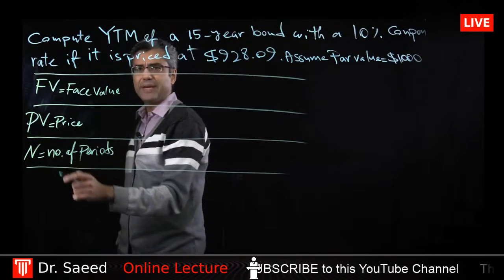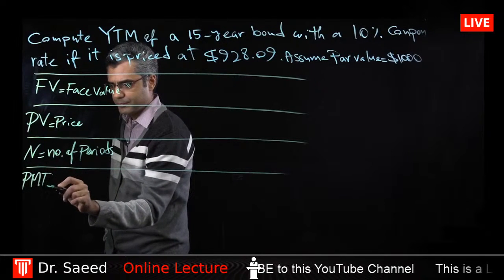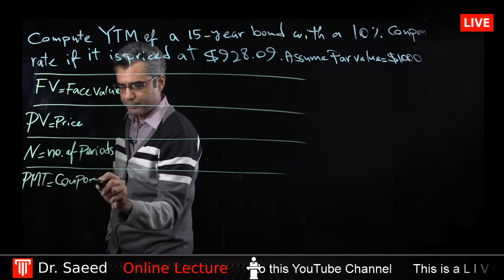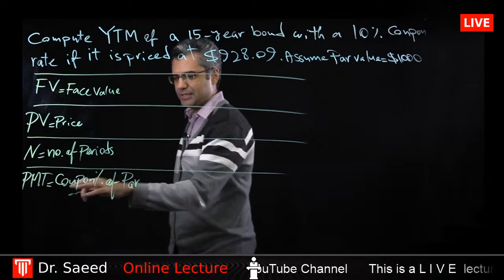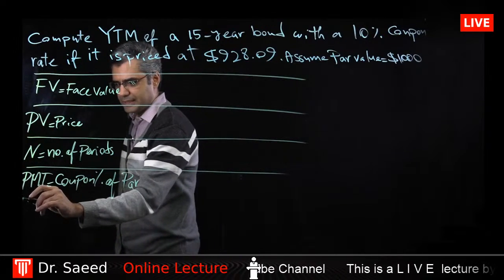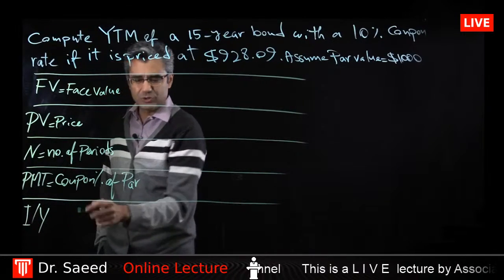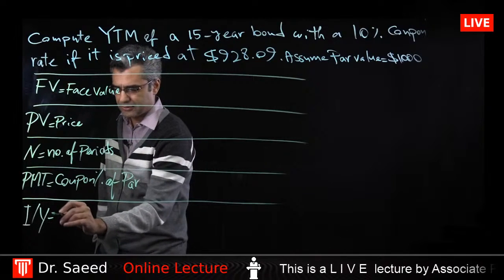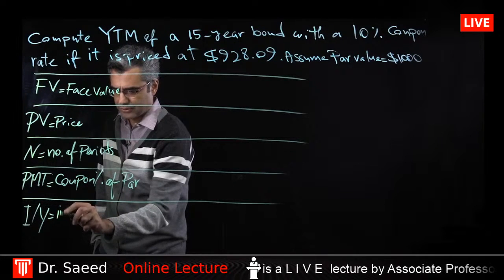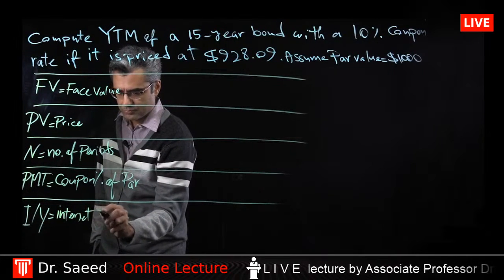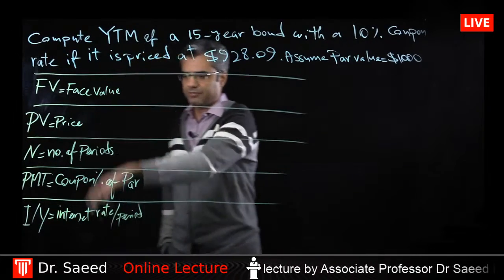And then we have PMT, the coupon, which is a percentage of par or face value, meaning a percentage of $1,000. And in this question, we want to compute I/Y, the interest rate per period. Okay, these are the 5 parameters.